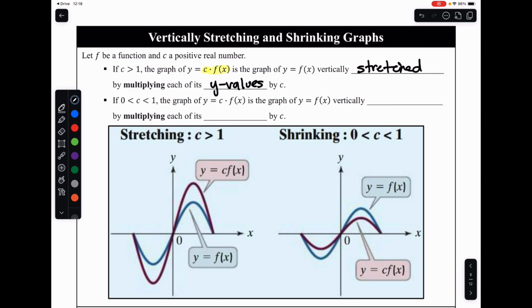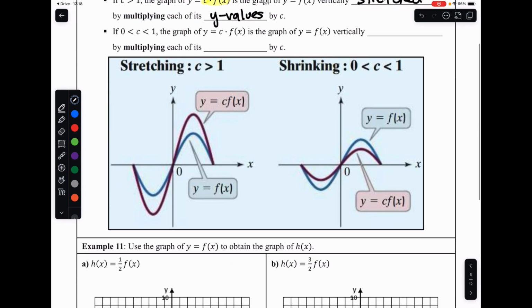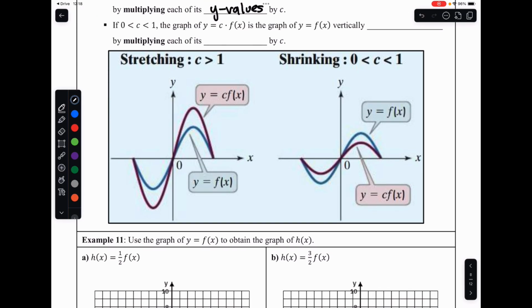So if you look at the example that I have right here on the left side, let's say that I have this coordinate at 1 where the y value is 2, and we're going to multiply this function, again this f of x, by this value of c. And let's say that the value of c is a number bigger than 1. Let's say it's equal to 3. So in order to stretch this, it's going to be 3 times as tall as it currently is.